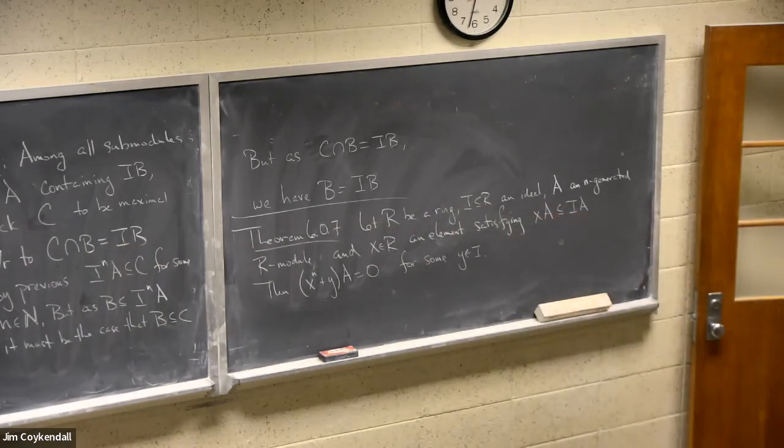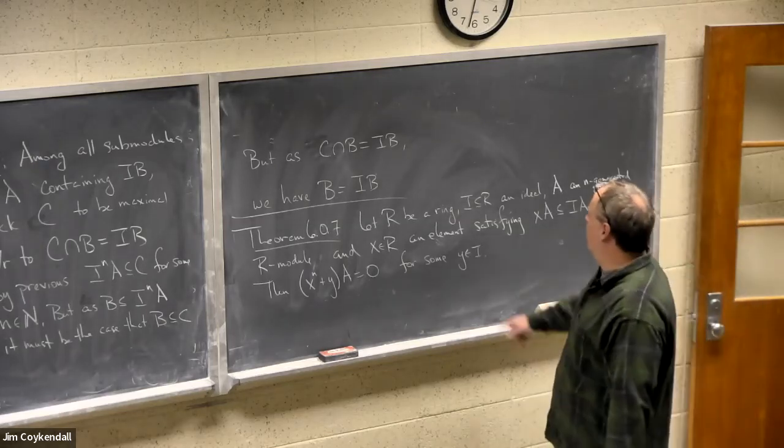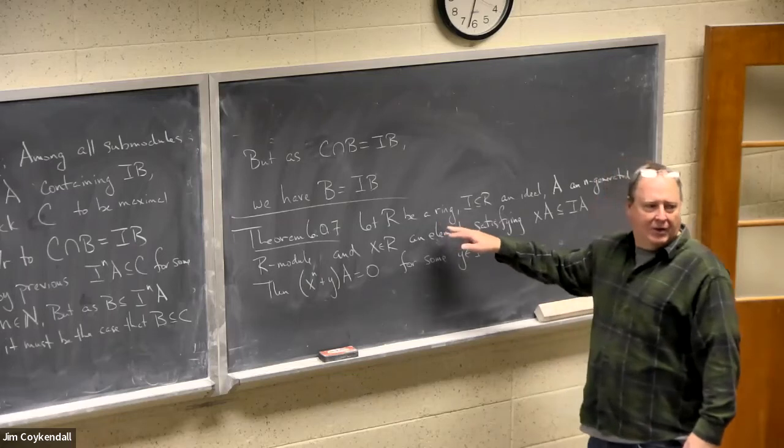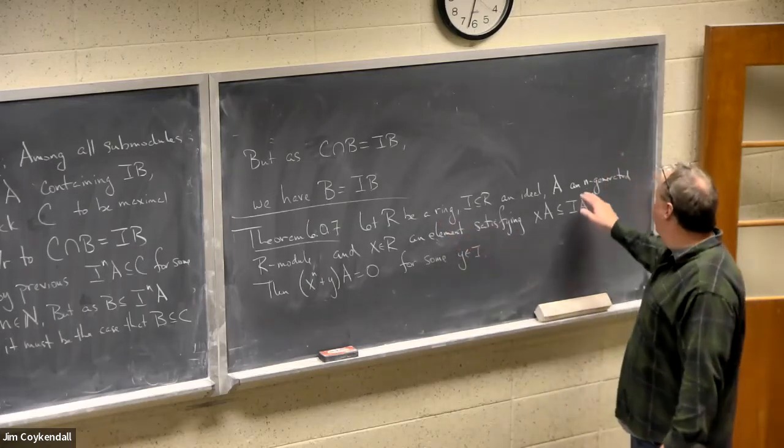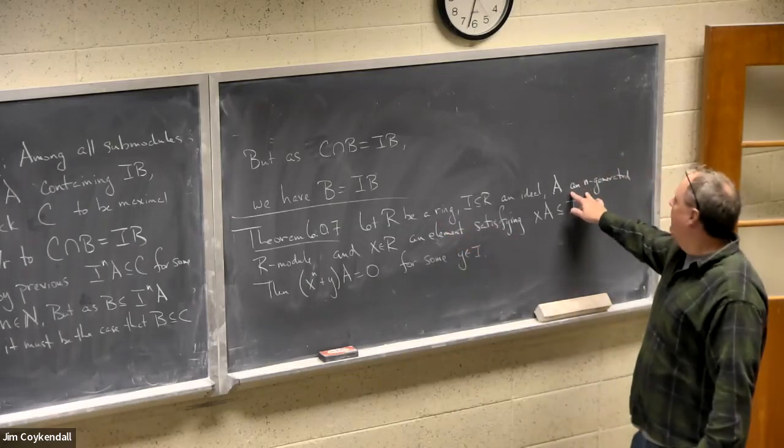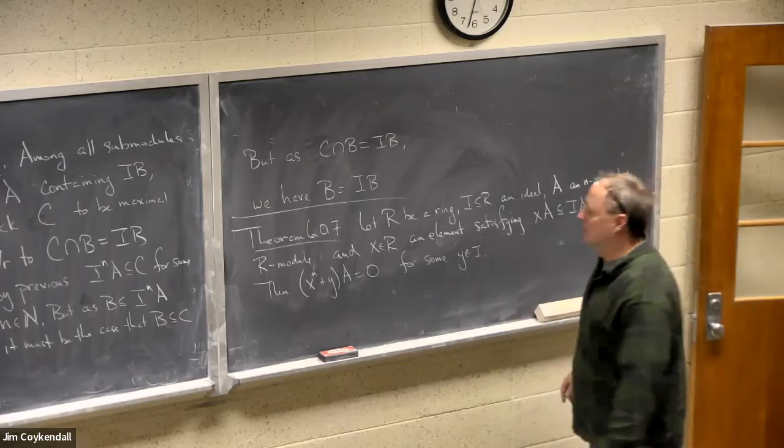There's so much stuff, I try to be an accountant and keep track of it all in my brain. So same setup as the last few. We've got a ring, we've got an ideal, and then we've got this finitely generated module, and I guess that's going to come into play here.